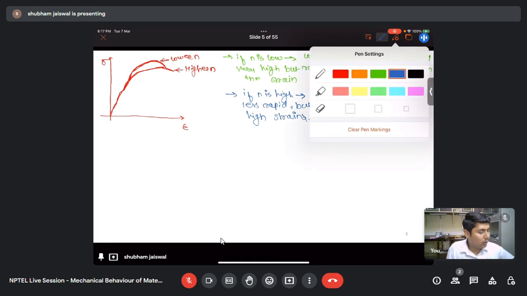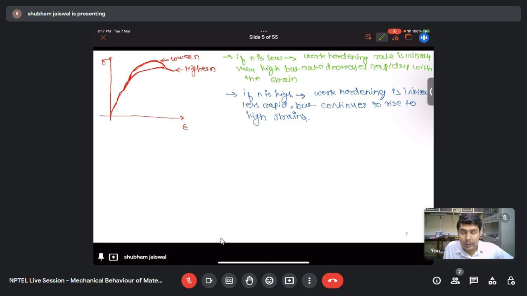So these are the things we have seen in plastic instability. After that, we have seen the new topic called the effect of strain rate. So what will happen if the strain rate is high or low? If I increase the strain rate, or the rate of deformation, how will it affect the flow stress?